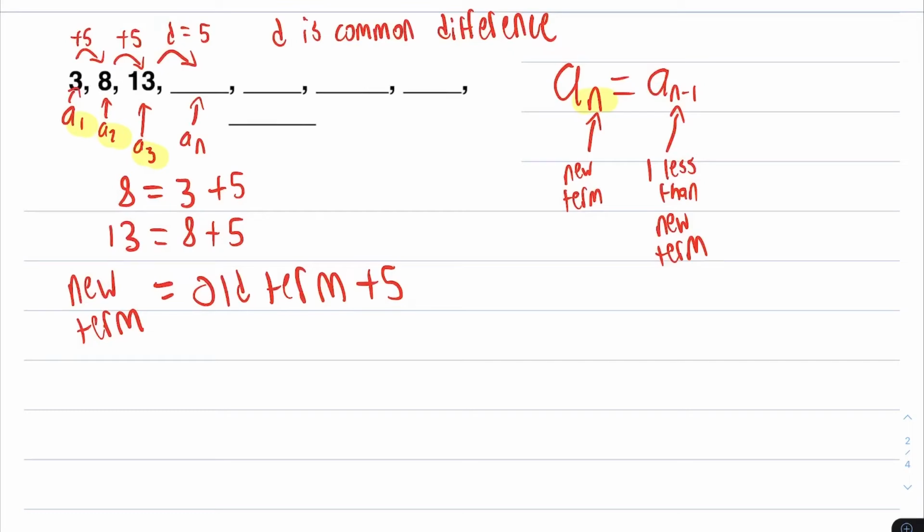And then, what are we doing each time? We're adding 5. And 5 was labeled as d. So in our formula, we have a_n equals a_(n-1) plus d. We call this the general recursive formula.